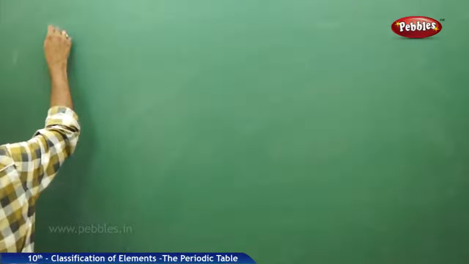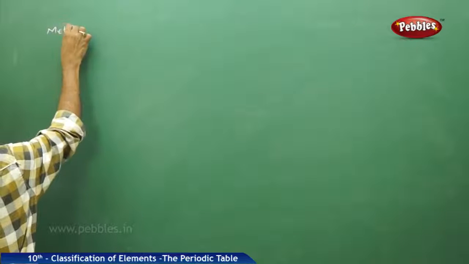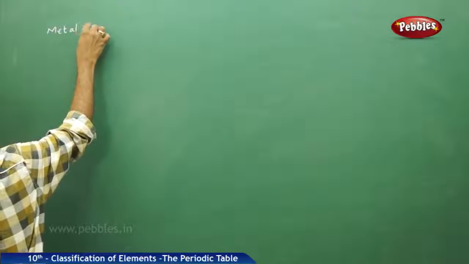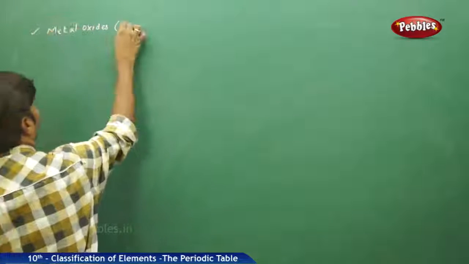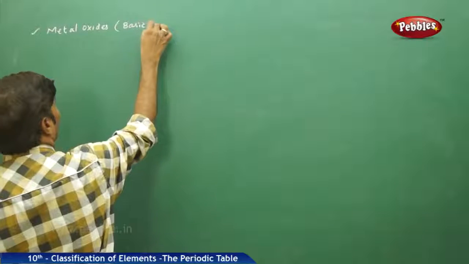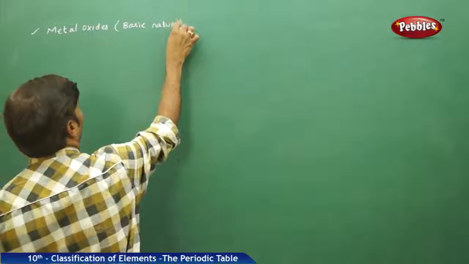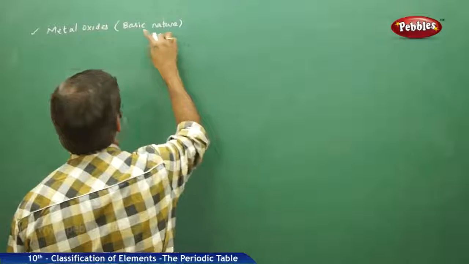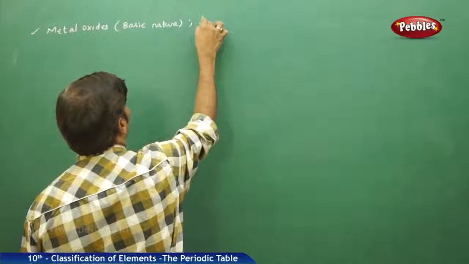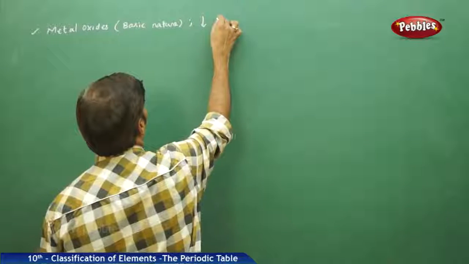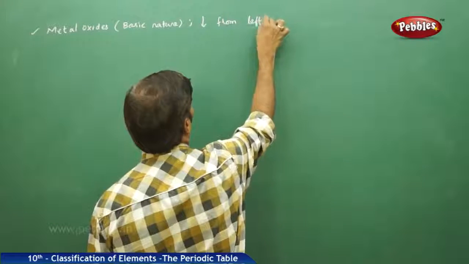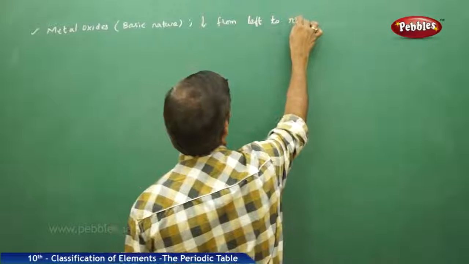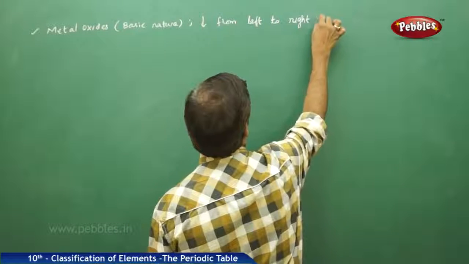So if you go for the metal oxides, which are basic in nature, the basic nature decreases from left to right in the periodic table.